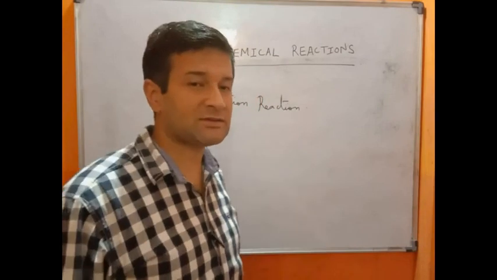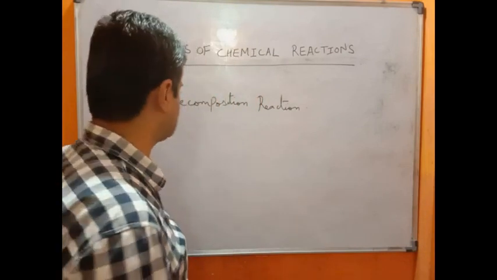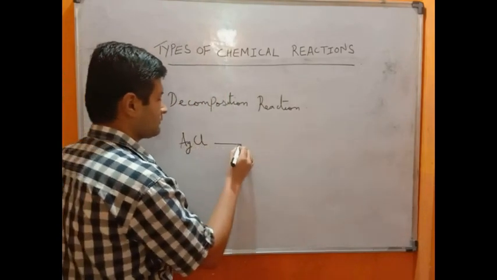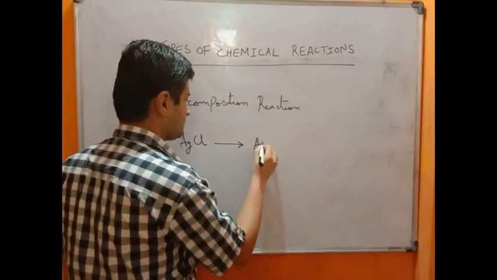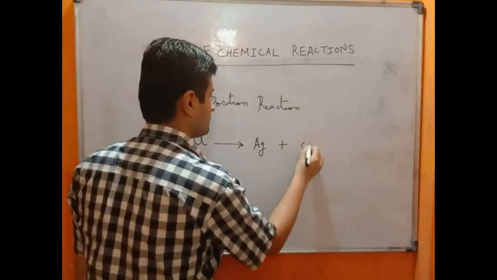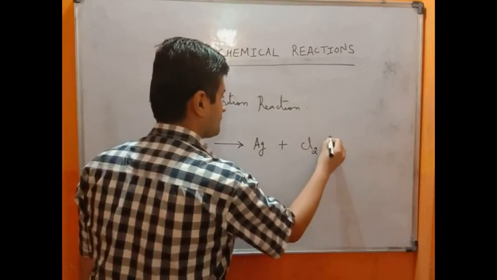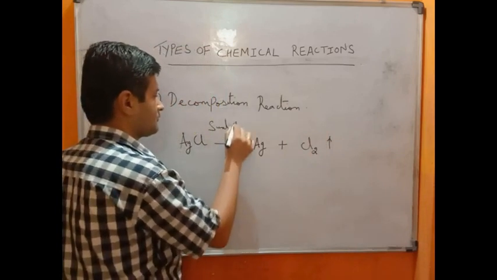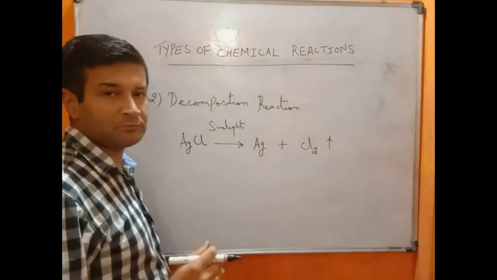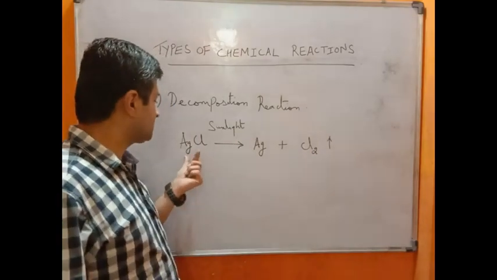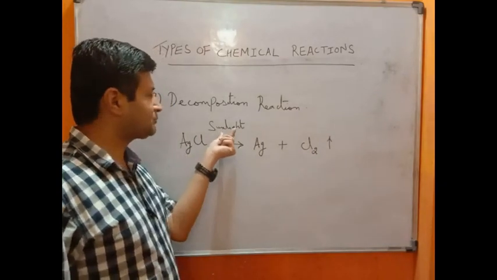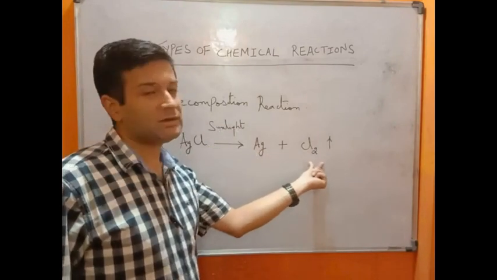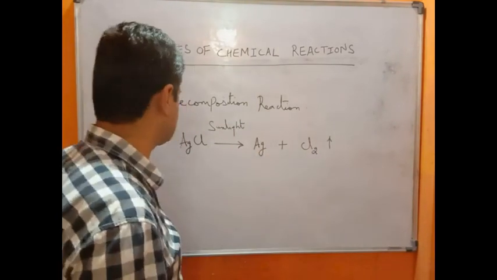Okay, let's try to see the equation. Here you see that silver chloride, when it is exposed to sunlight, then silver and chlorine gas are formed.